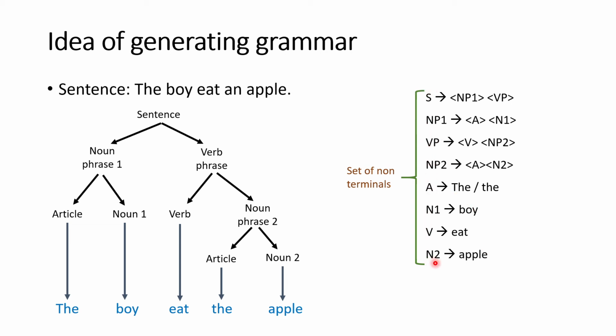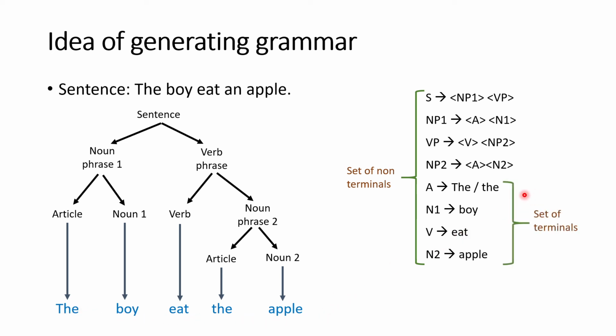If you relate this set of non-terminals to this tree structure, you will see that all the non-leaf nodes are basically the non-terminals. Up to article, noun 1, verb, article, noun 2, up to this side, we have the non-terminals. And what are the terminals? The terminals are the words that I exactly want to derive.